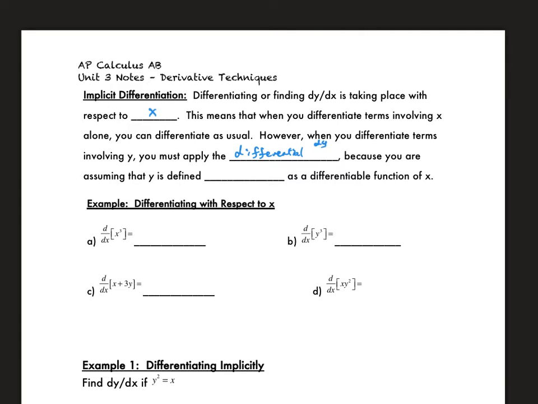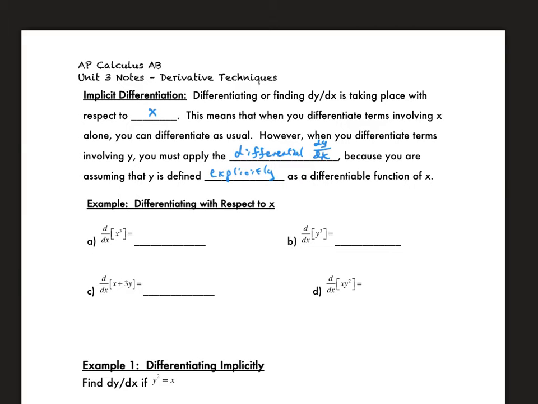And that differential specifically is dy over dx, because you are assuming that y is defined implicitly. And this allows us to handle equations, I shouldn't necessarily say functions, but equations, and those equations involve conic sections like ellipses and hyperbolas and circles and such.